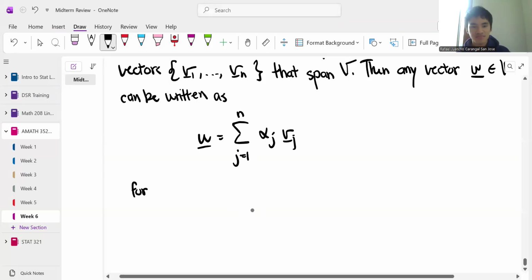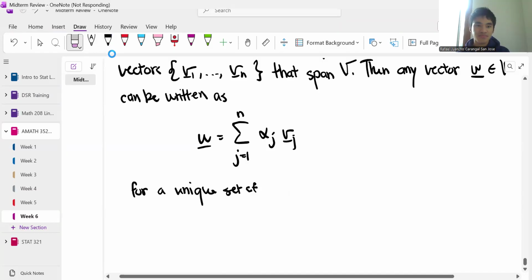And here we say for a unique set of scalars, we're going to have a unique set of scalars, meaning no two scalars are similar to each other.